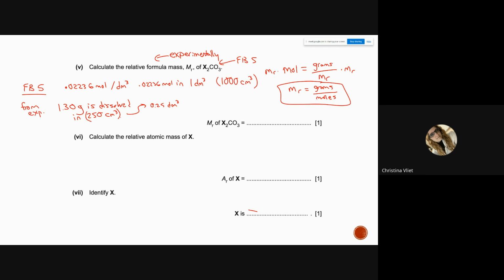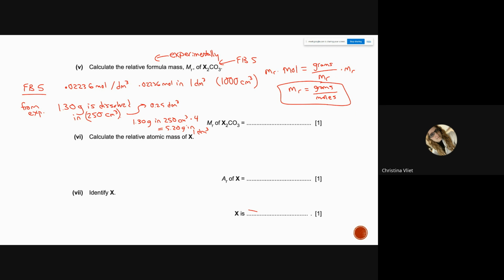This is what they say in the mark scheme to do: 1.30 grams in 250 centimeters cubed, multiply that times 4 so that it matches. So you get 5.20 grams in 1 decimeter cubed. Does that kind of make sense? The trick is that there's 2 different units going on as well, so it gets confusing.